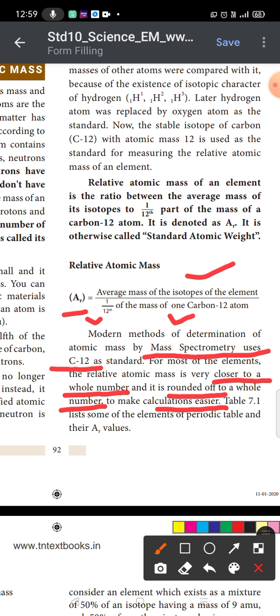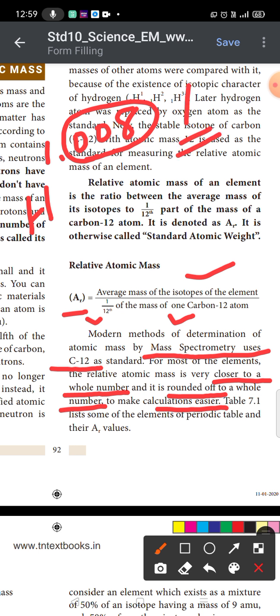For example, as I told, hydrogen's atomic mass is 1.008. 1.008 is closest to 1 only. So, we will take the mass number of hydrogen as only 1, to make calculations easier.